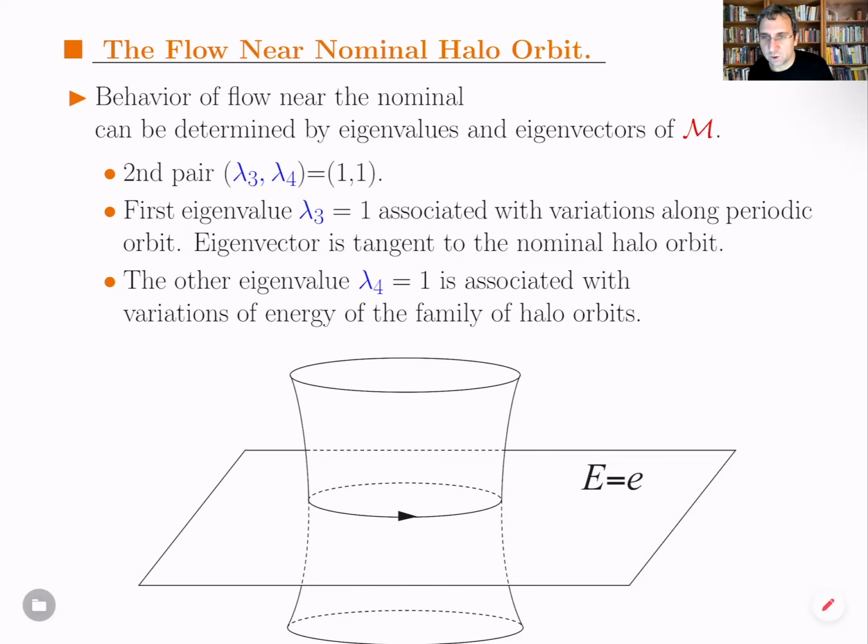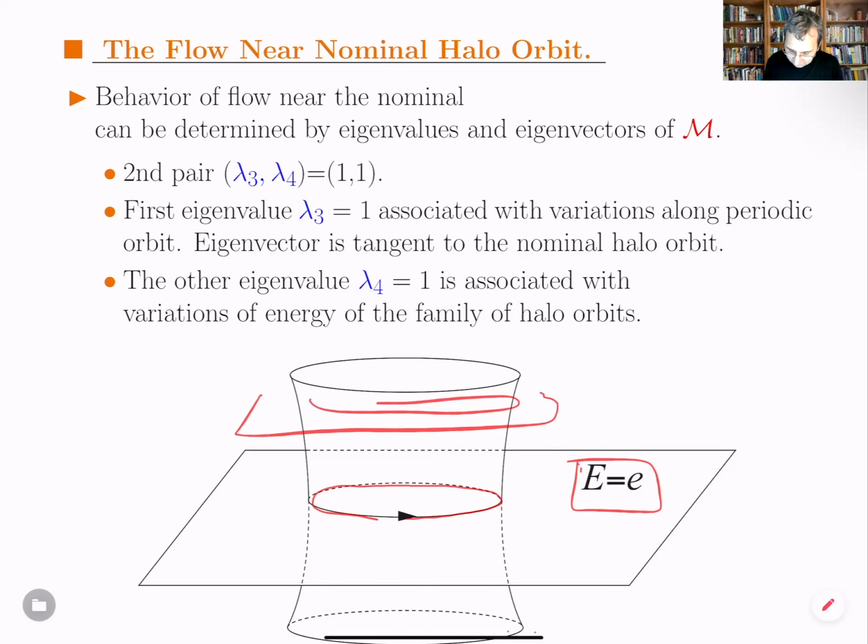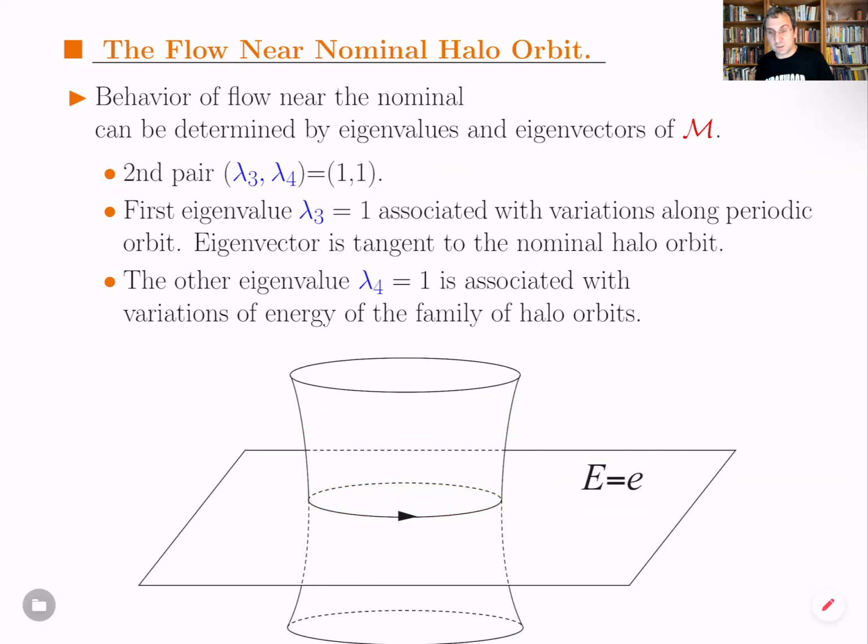The other eigenvalue 1 is associated with a variation to nearby energy surfaces. So let's say this is our halo orbit at a particular value of the energy. Well, at some other value of the energy, there's also going to be a halo orbit. There's actually a whole continuum. So this is just a schematic saying that at each value of the energy, there's going to be another halo orbit, especially for infinitesimally small perturbations. So if you perturb in that direction that points towards the other energies, you'll be on another halo orbit.